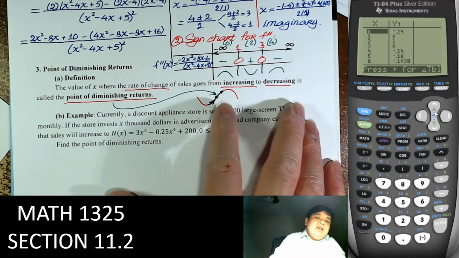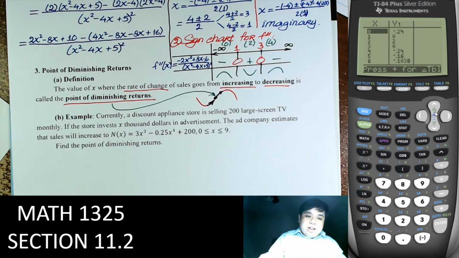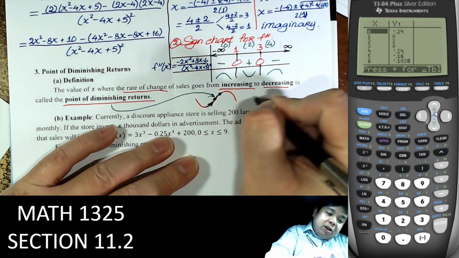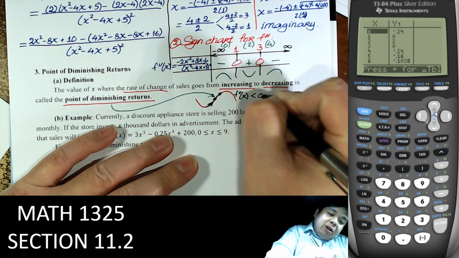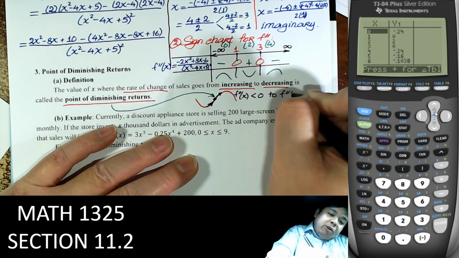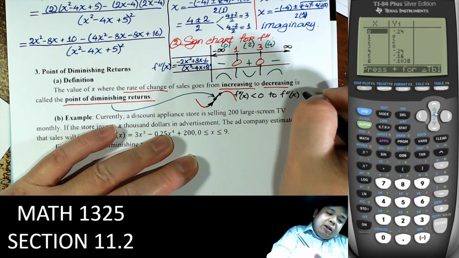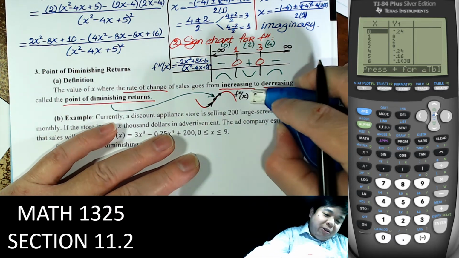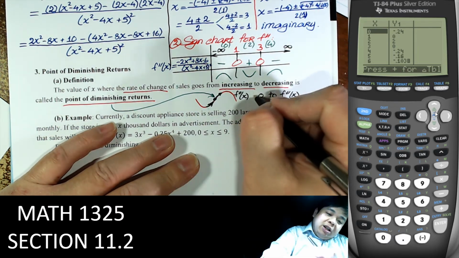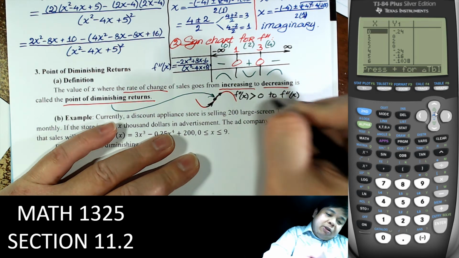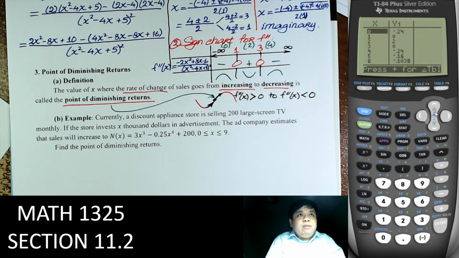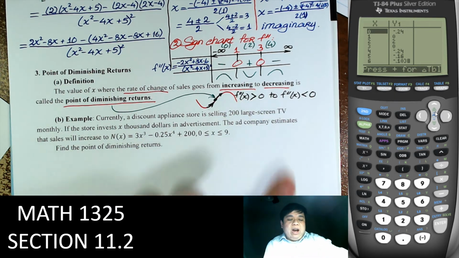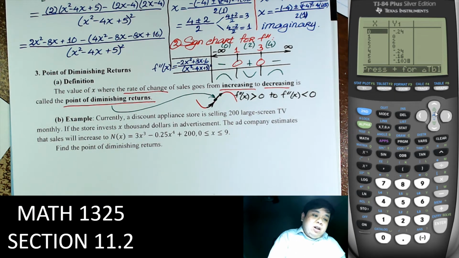So remember, the inflection point only counts in this case, meaning we go from the second derivative positive and then negative, up to down. So that is where we have the point of diminishing return. So we have this example.